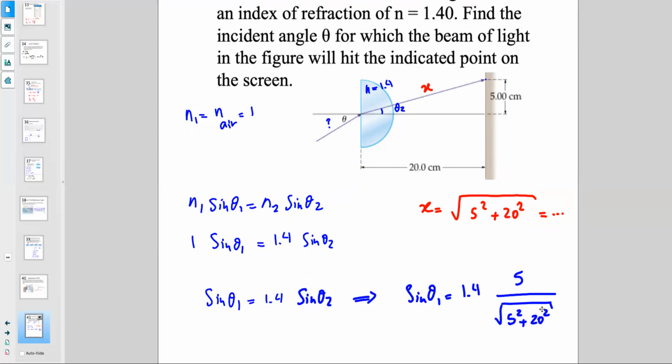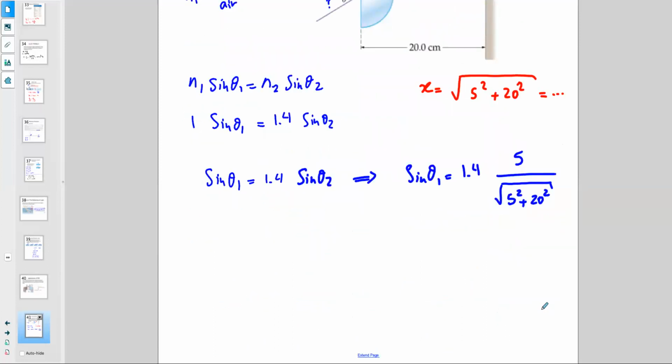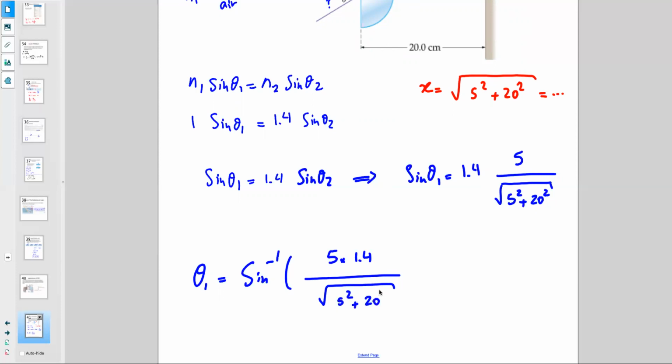So theta 1 then is sine negative 1 of 5 times 1.4 over the square root of 5 to the power of 2 plus 20 to the power of 2. And whatever it is, you can put in your calculator.